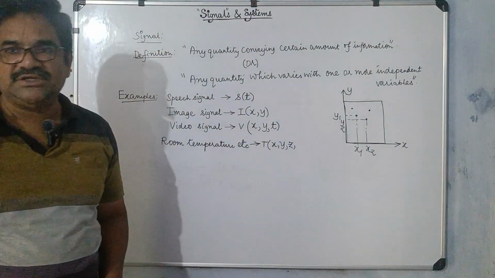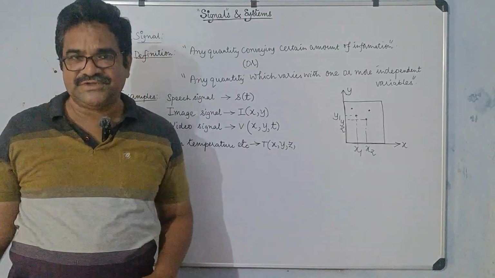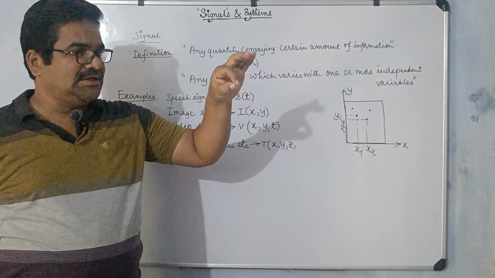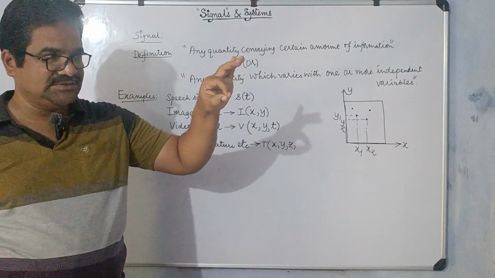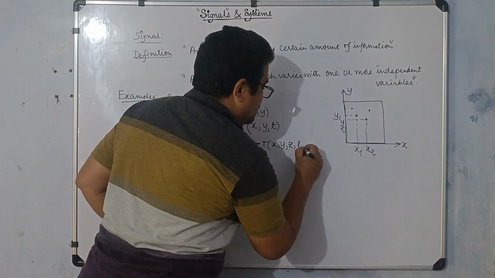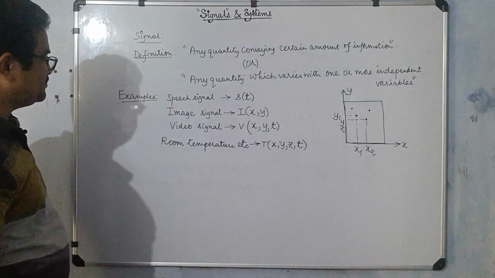That is, the temperature at different points of the room is different. At the same time, it is also changing with respect to time. If I take the temperature at this point, it is changing with respect to time. So it keeps on changing with respect to another independent variable, time, given by small t.